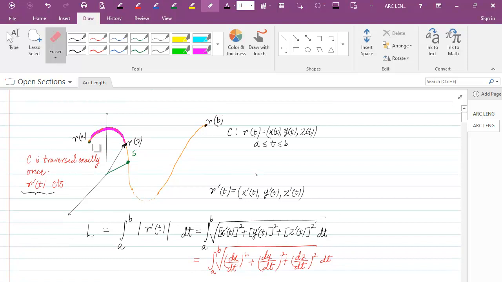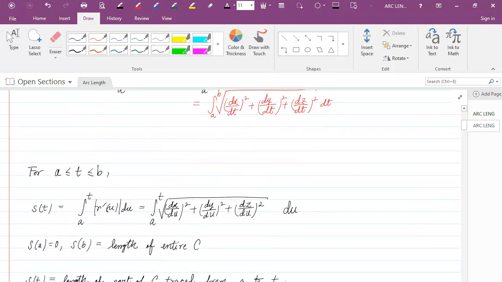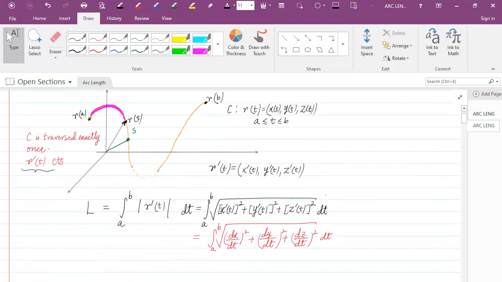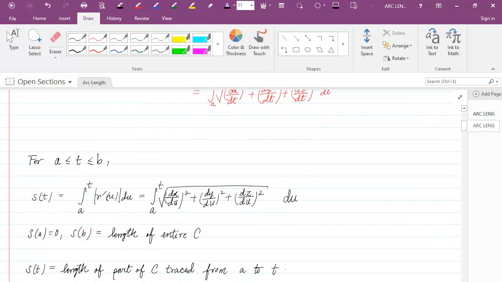So if this is r of a and this is r of t, then the pink arc length from r of a to r of t along the curve, that is s of t. So s of t is this arc length here. So this is the arc length from a to t.